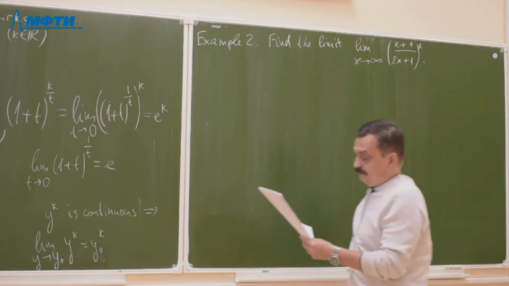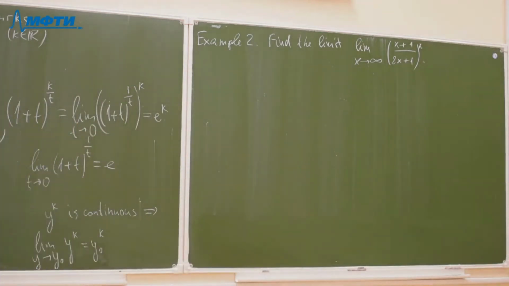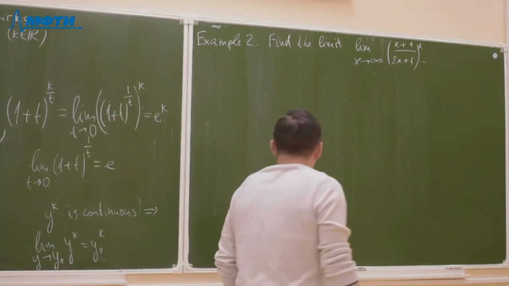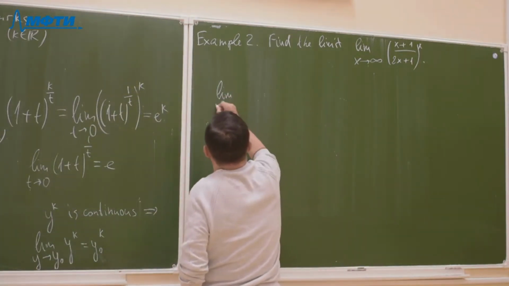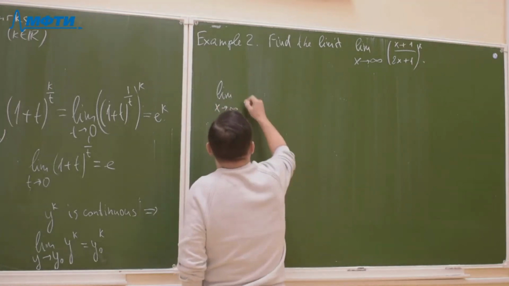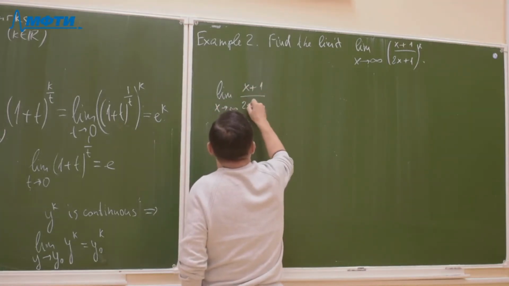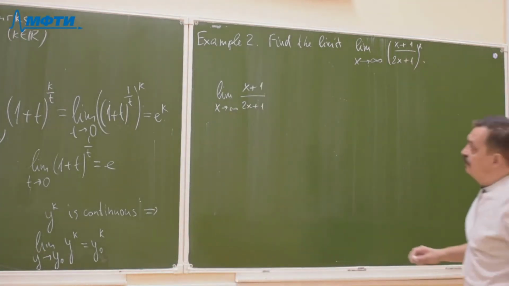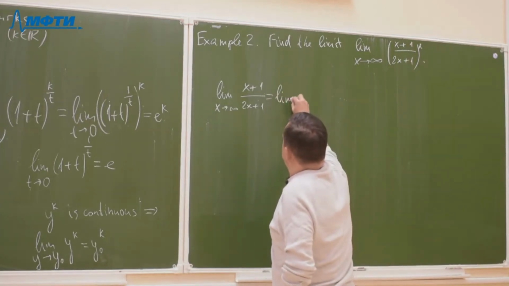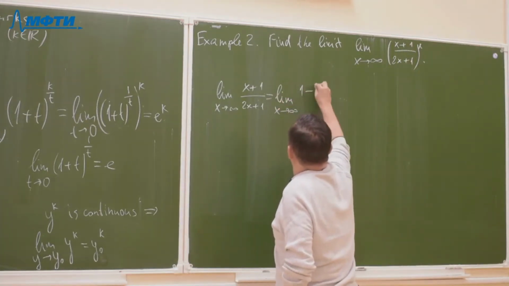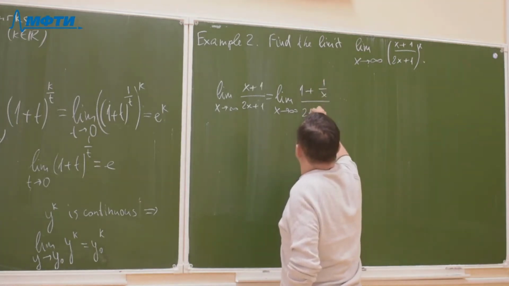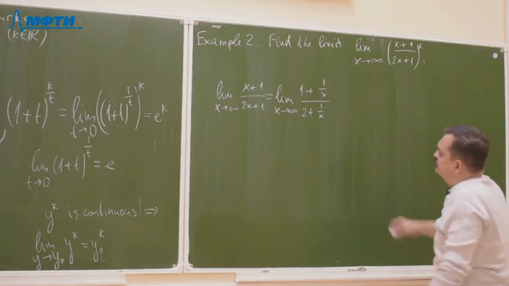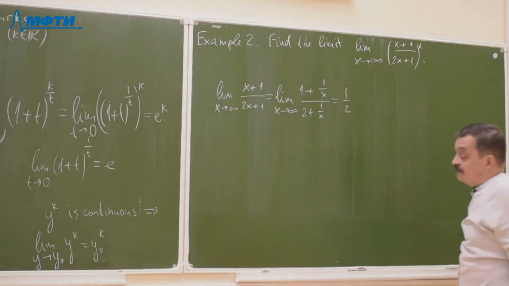If we compute the limit in the base of our exponent, then we can proceed like 1 plus 1 over x, 2 plus 1 over x, and then the limit of 1 over x is 0, so we have 1/2.